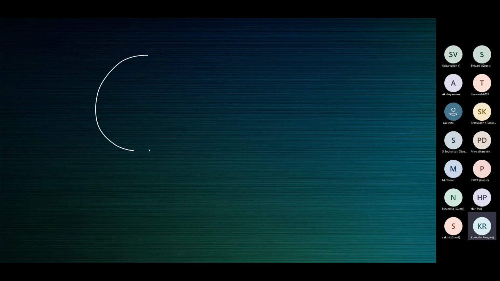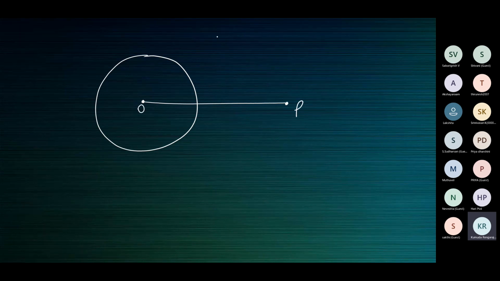Children, forget that construction to identify the center. There's a center O, and this is the external point P. Then we constructed the perpendicular bisector, and then we draw the circle.